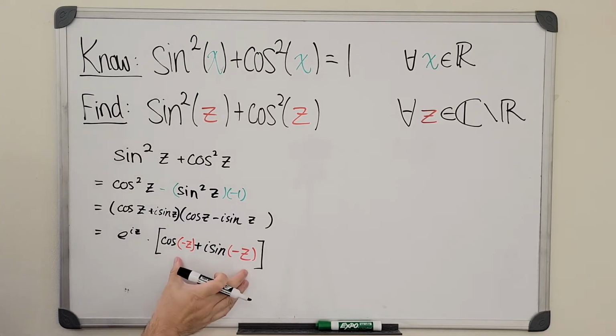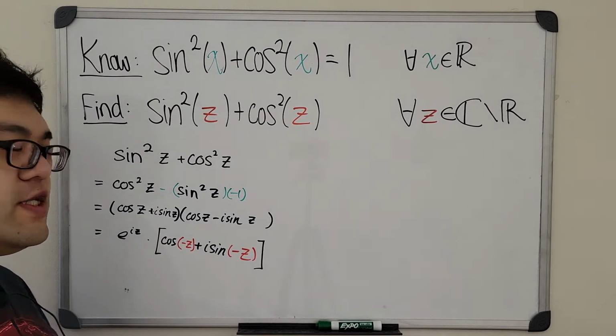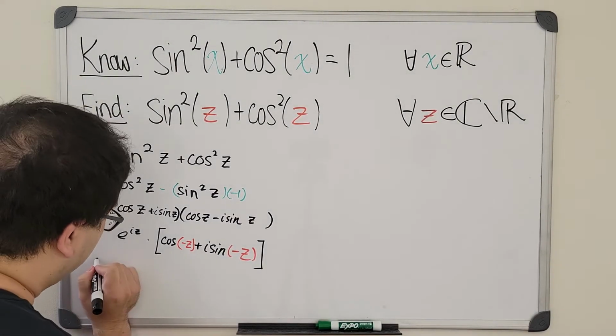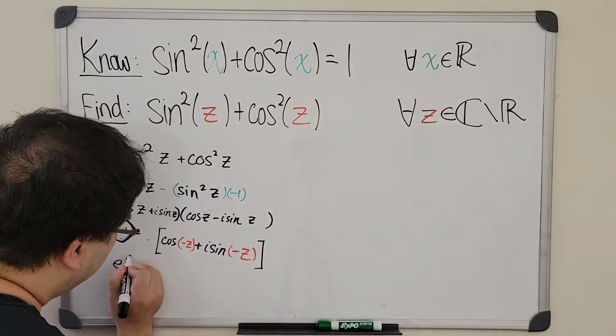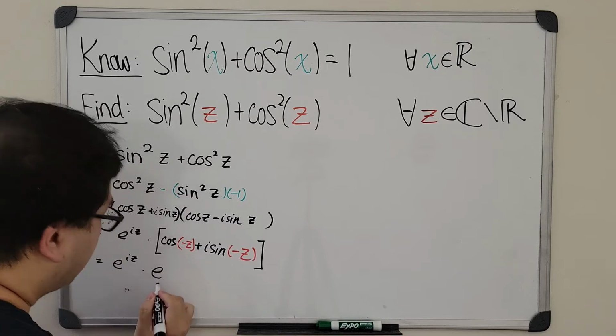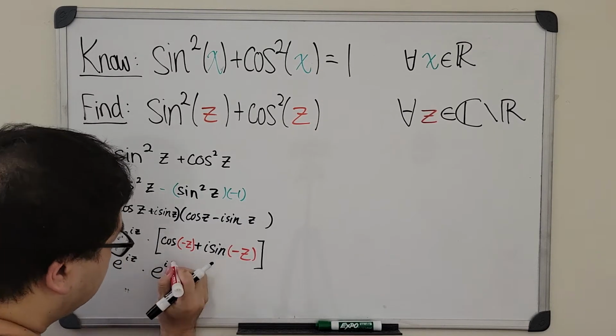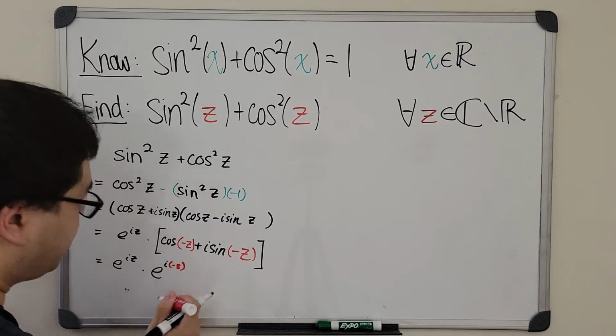And therefore, it will still be the same as what we saw for Euler's identity, except now, instead of having a positive angle, we have a negative angle. So if we rewrite it, we'll get i times -z.